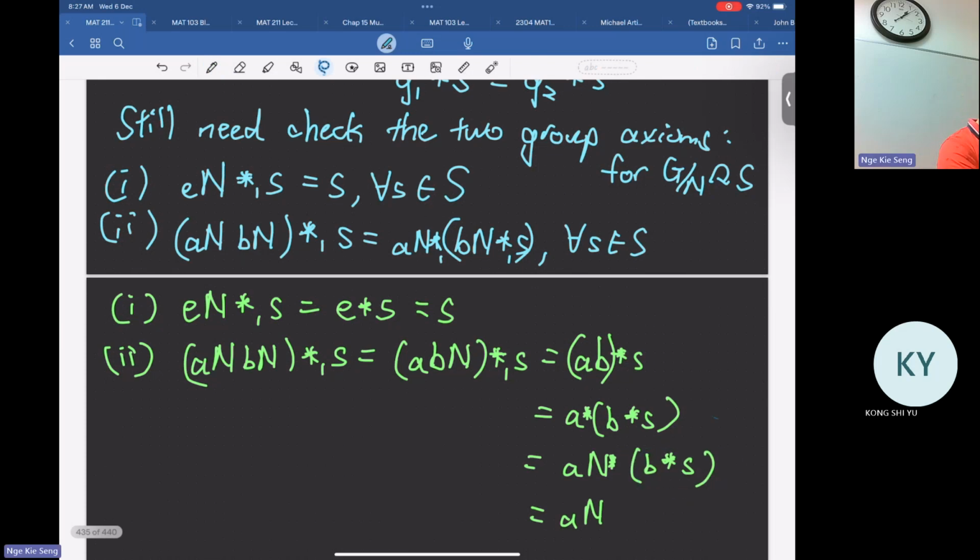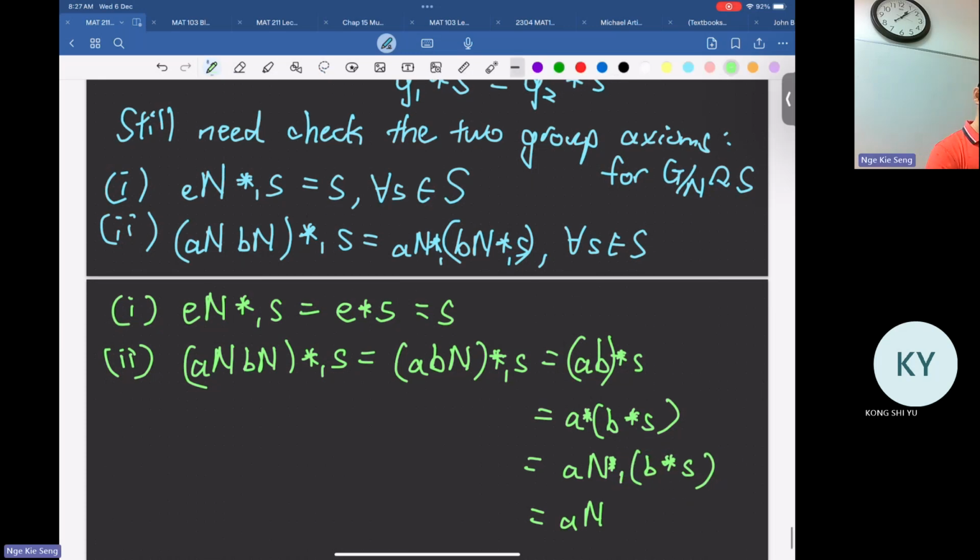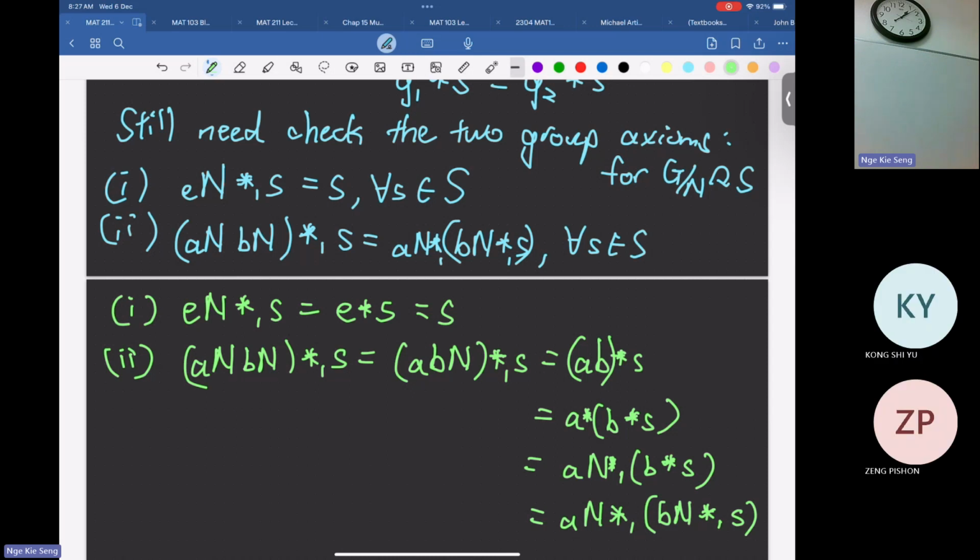Let me be precise here. So here is 1, and then I get BN acting using the quotient. Make sense? Okay, so mathematics is really precise. You need to lay out everything.